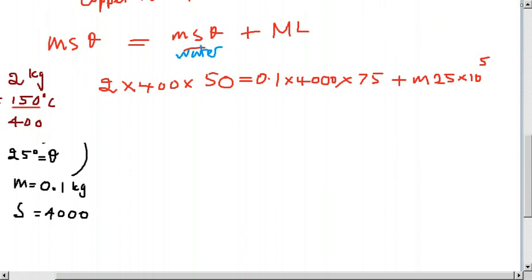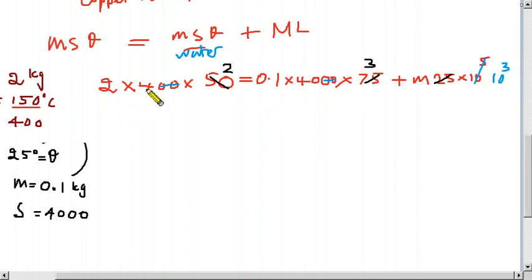Now we have to simplify. Let us simplify first 25, divide by 25, then 1, here 3, divide by 25, here 2. Then let us cancel zeros, there are 2 zeros here, 2 zeros from here, then 10 power 3.